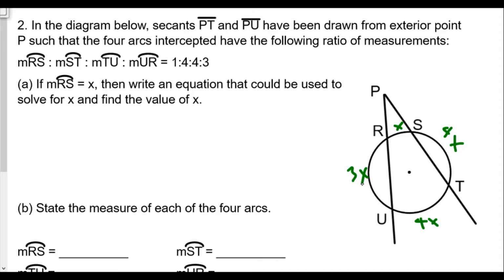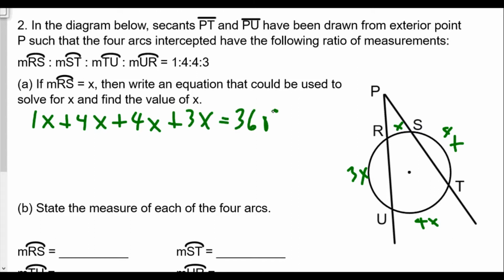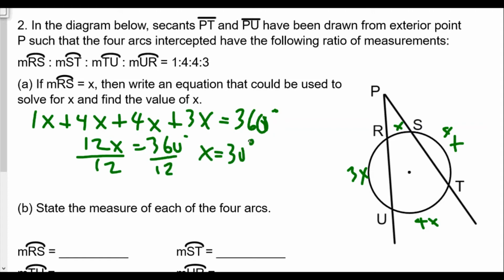So our equation would be adding up all four arc measurements in terms of x, which is 1x plus 4x plus 4x plus 3x, and we're going to get the full circle measurement of 360 degrees. Adding 1 plus 4 plus 4 plus 3 gives us 12x equals 360, and dividing both sides by 12, we get x is equal to 30 degrees.